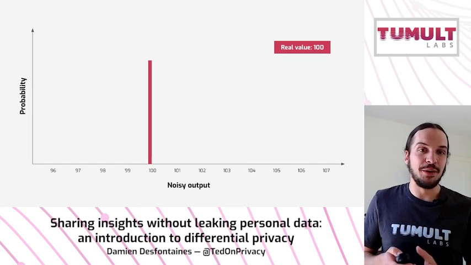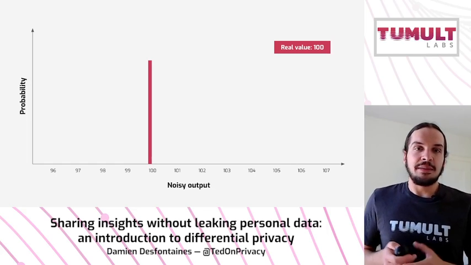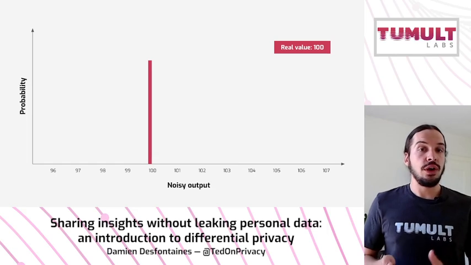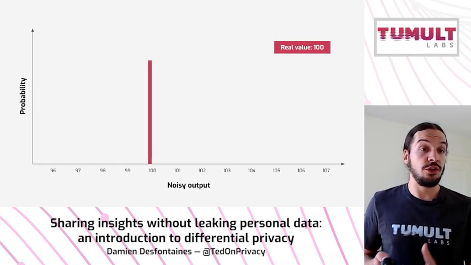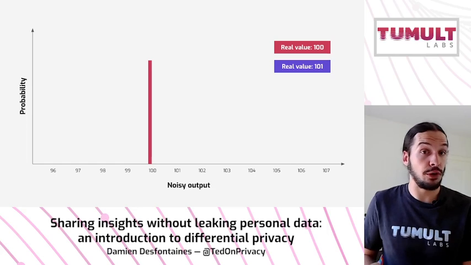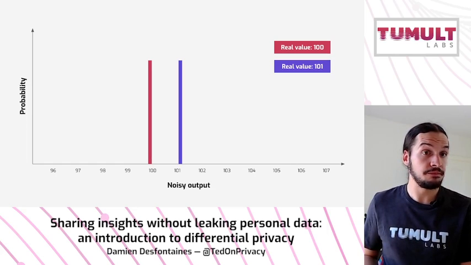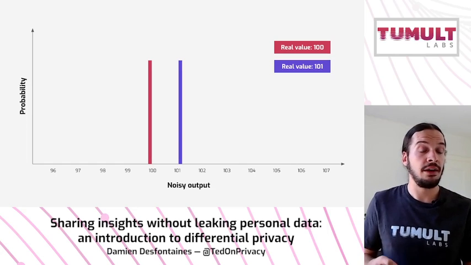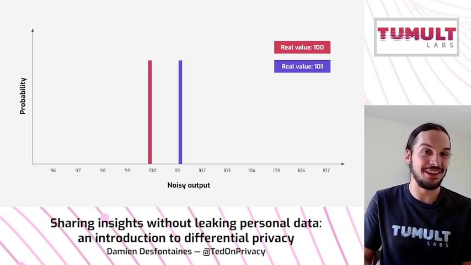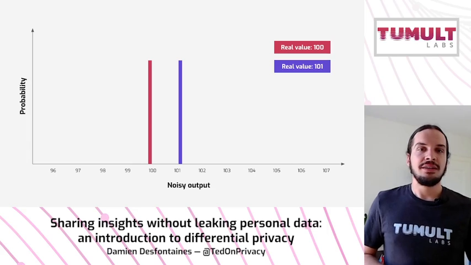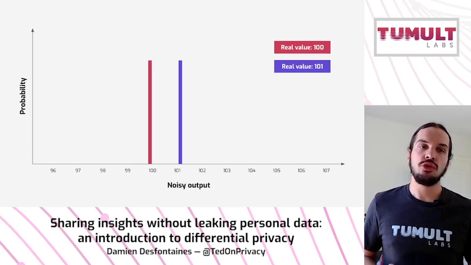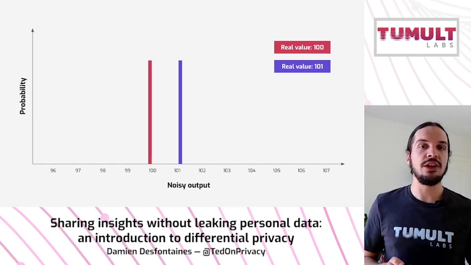for the utility goal. That means that if the real value is 101, we're going to return 101 with the exact same probability, right? It means that it's the probability of adding zero noise to the data. Now, how likely are we to return 100 if the real value is 101?